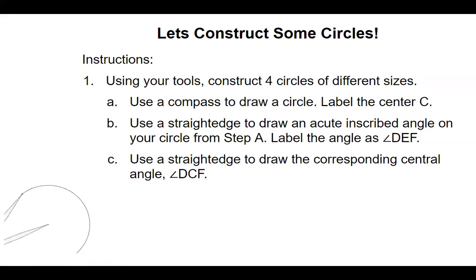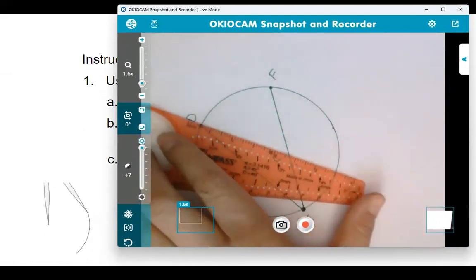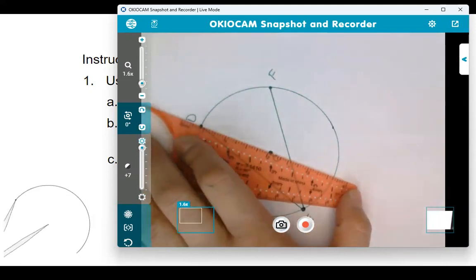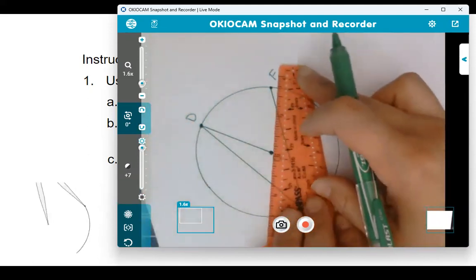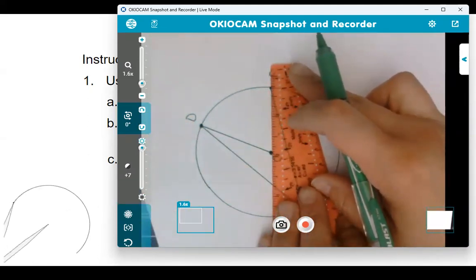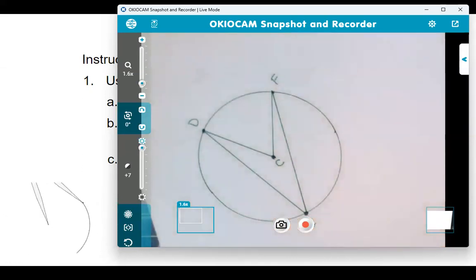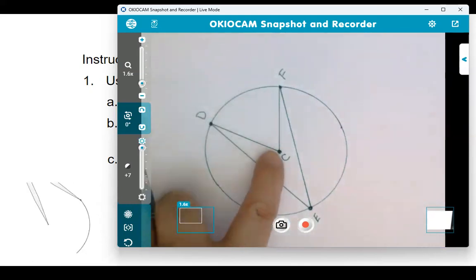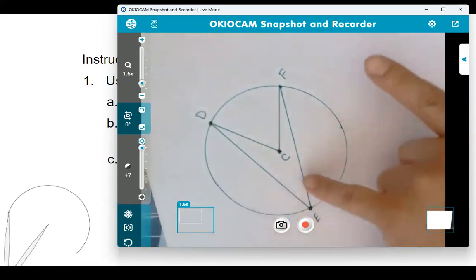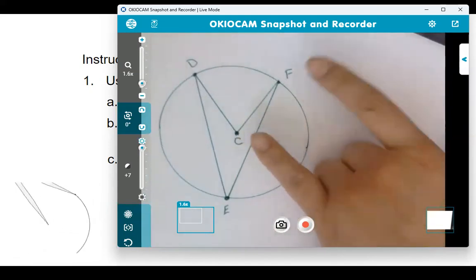So this is what we should have next. From D to C, we're going to use our straight edge one more time, and in the same idea, from C to F. So we have our inscribed angle and our central angle.